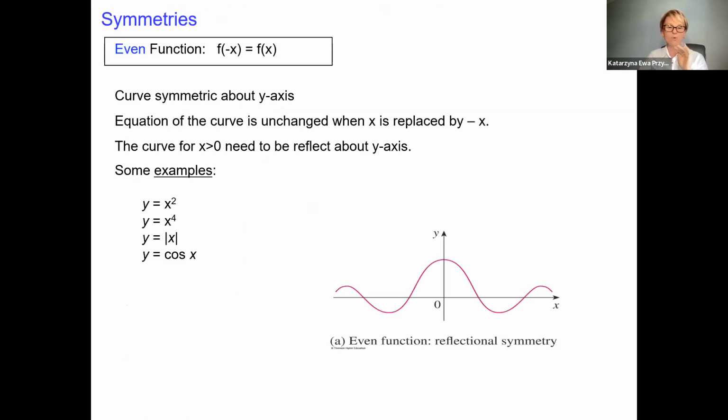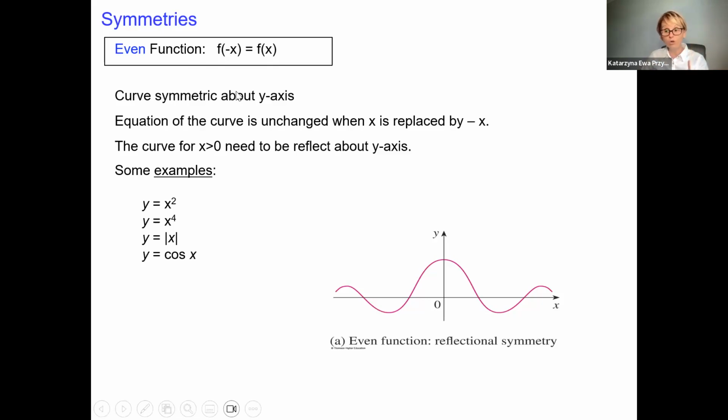Just really quickly, we will not investigate this, but just to know that a function may be even, meaning that it is symmetric with respect to the y-axis, the mirror image, even function, and that's the condition. The value for x is the same as the value for negative x, of course, the positive and negative part.